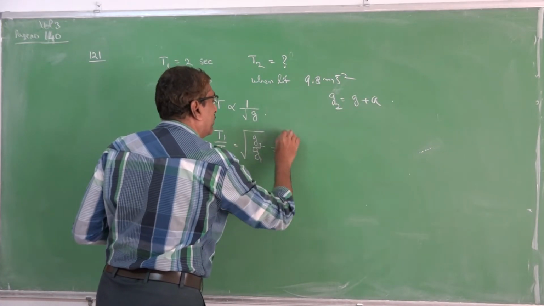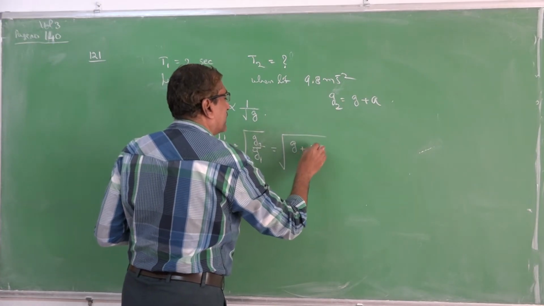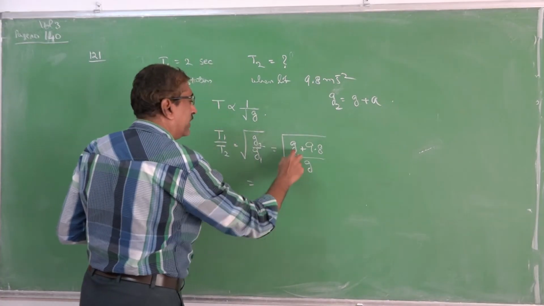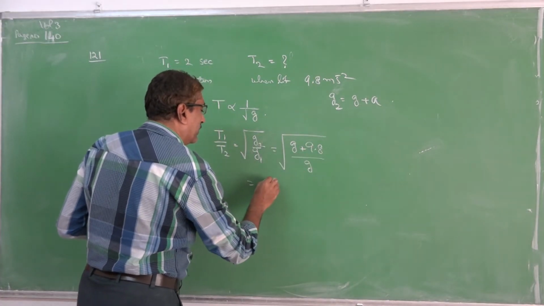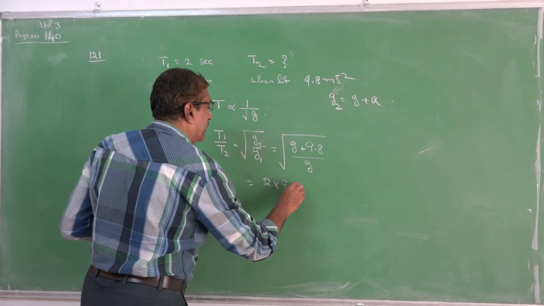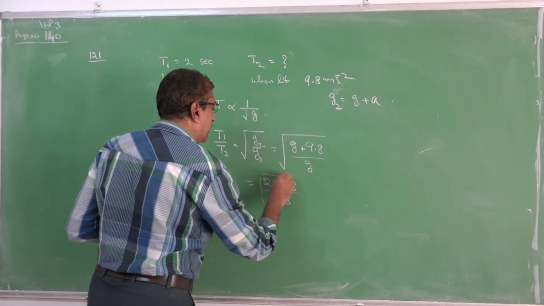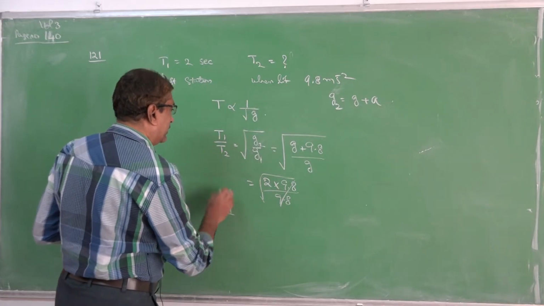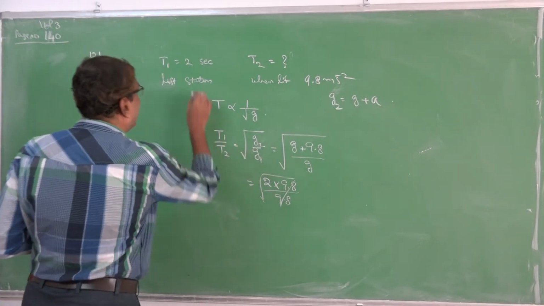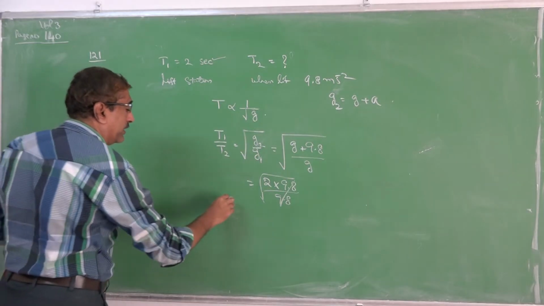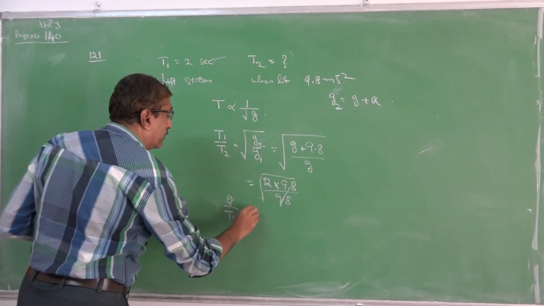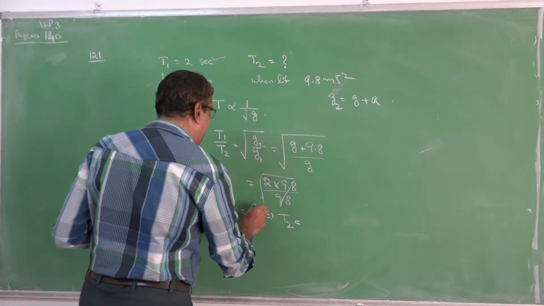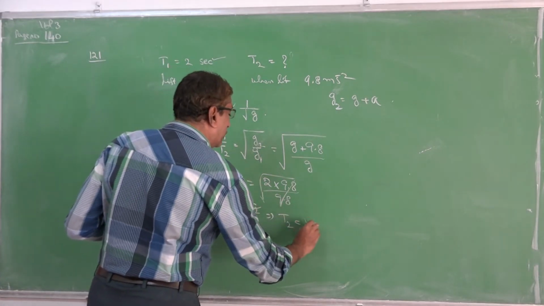So this is square root of g plus 9.8 by g. Taking g as 9.8, that means root of 2 into 9.8 by 9.8. T1 is given, a seconds pendulum means the time period is 2 seconds. So 2 by T2 is equal to root 2, which implies T2 is equal to root 2 seconds.